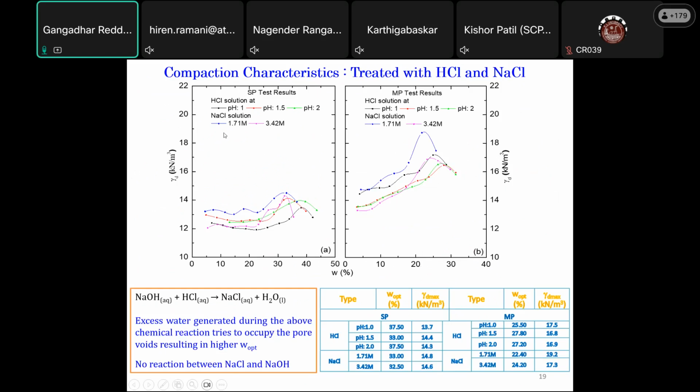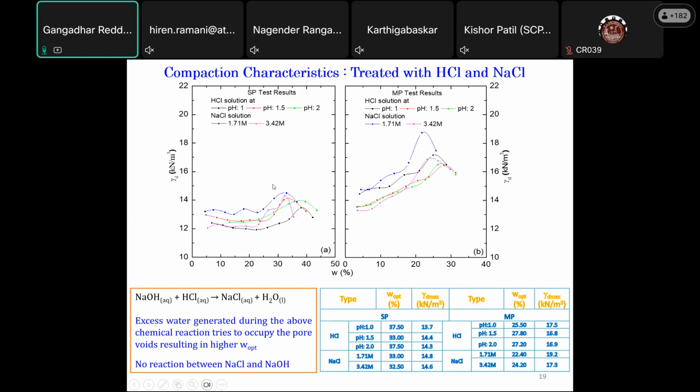Similarly, again, as I said, there is a chemical composition because of the chemistry or alkalinity. So I tried to establish what happens if I use, instead of distilled water or simple tap water, a pore fluid of different pH, like pH 1 and pH 1.2, to study what happens in the standard Proctor as well as the modified Proctor.